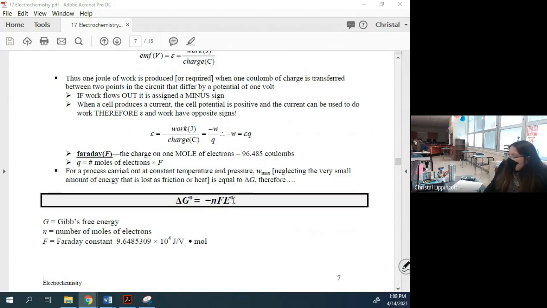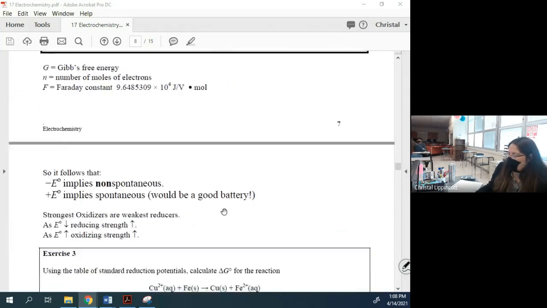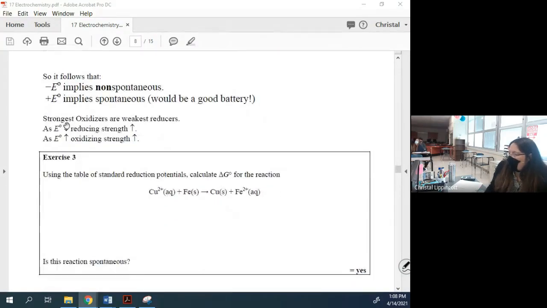And then your E. So this is your voltage that we've been figuring out as well. So if you're given these things, you can calculate delta G. If you're given delta G and you're given these things, you can figure out F. All right. If you have a negative E, that is non-spontaneous. Positive E is spontaneous. That makes a good battery.